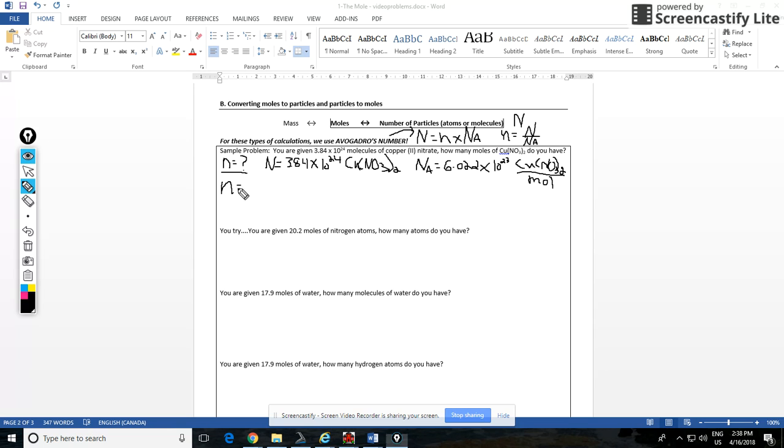Number of moles is equal to the number of molecules. So we have 3.84 times 10 to the power of 24 molecules of Cu(NO3)2.